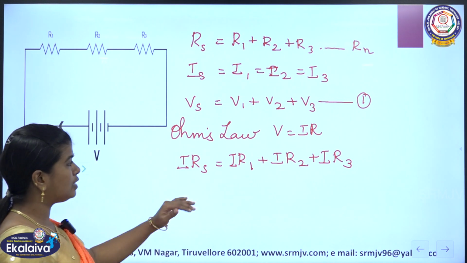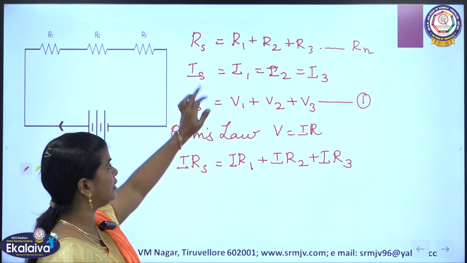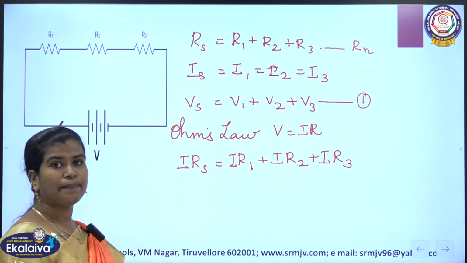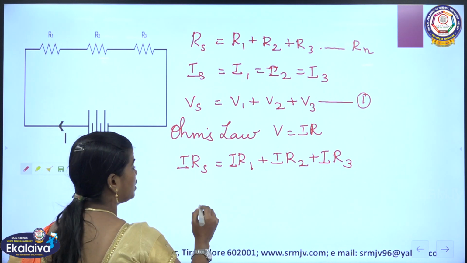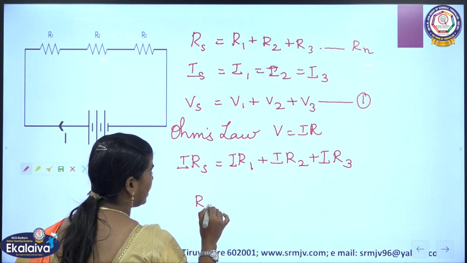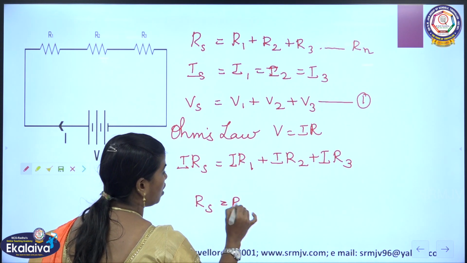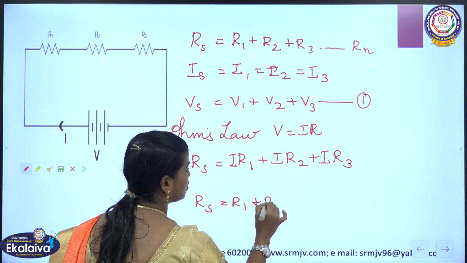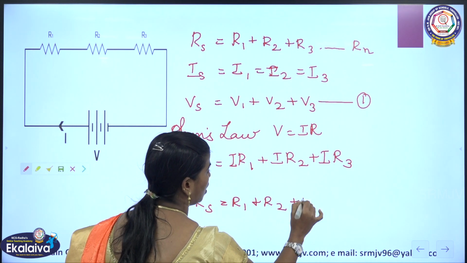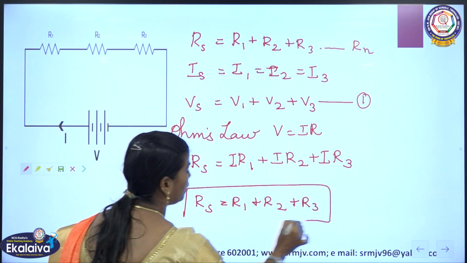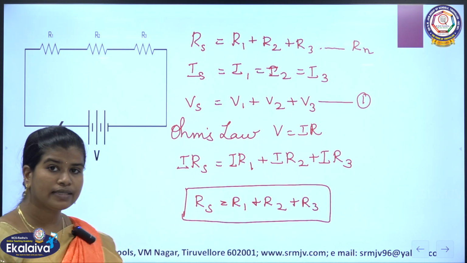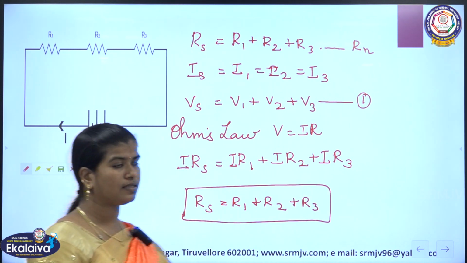Okay. So, in this equation, as I said, I is going to be the same, since it is the same path, so the same value. So, this equation will become Rs is equal to R1 plus R2 plus R3. So, this is the formula to find out the total resistance in case of series.